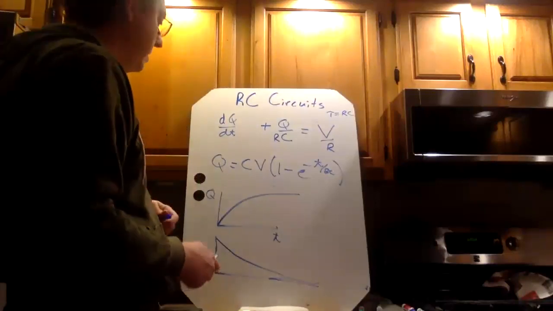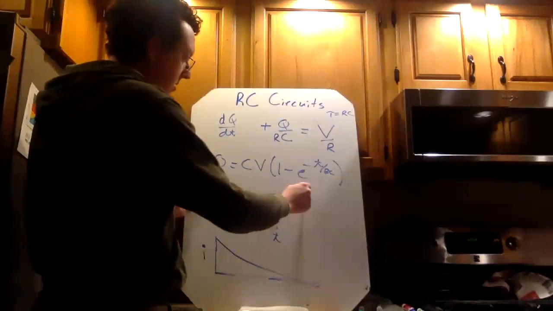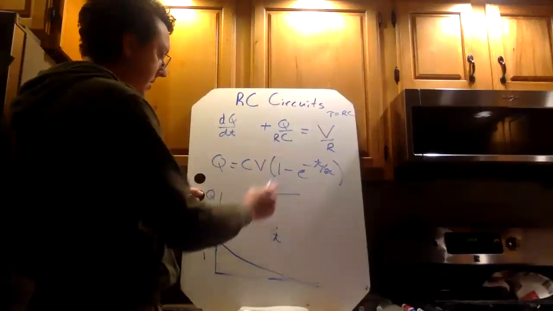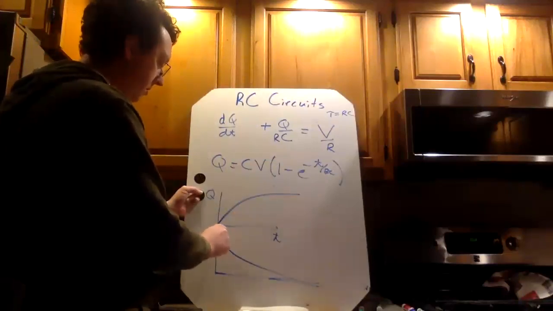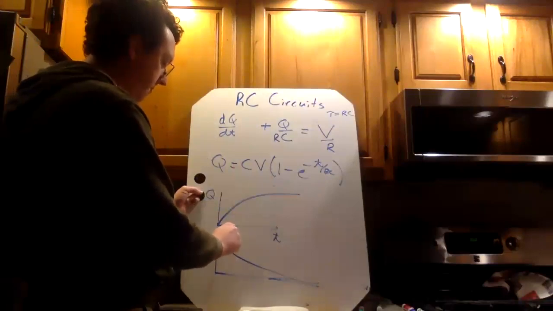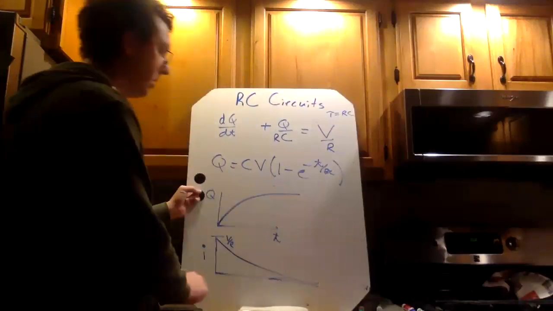So at the beginning you start with no charge and end up with CV. At the beginning the current equaled the voltage divided by R, and after a while it goes to 0.